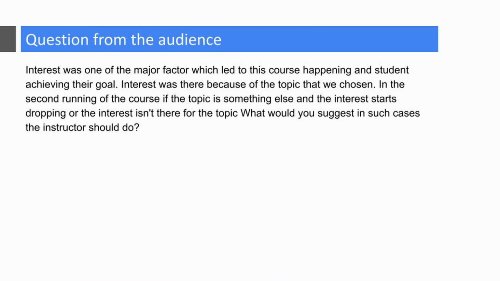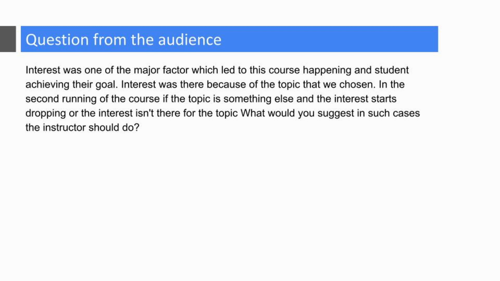Yeah. So, sir, I can see that interest was one of the major factors which led to this course happening and students achieving their goal, whatever they set out to be. Speaking from my personal experience, the interest was there because of the topic that we chose.